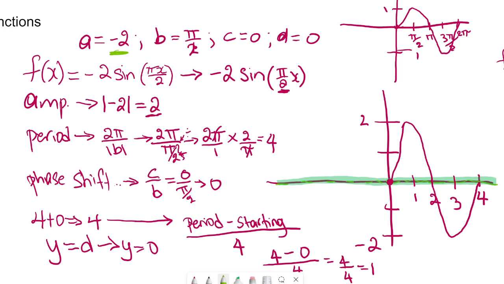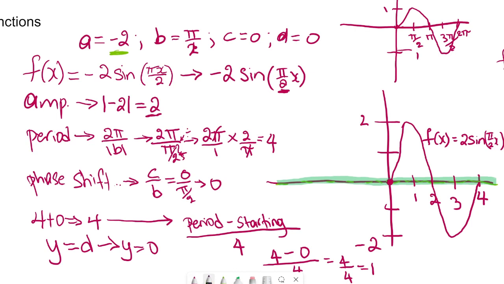So this graph that I have here currently is really for f of x equals 2 sine pi over 2x. So if we want to know what the graph of negative 2 sine pi over 2x looks like, we're going to have to flip this graph or reflect it about the x-axis.